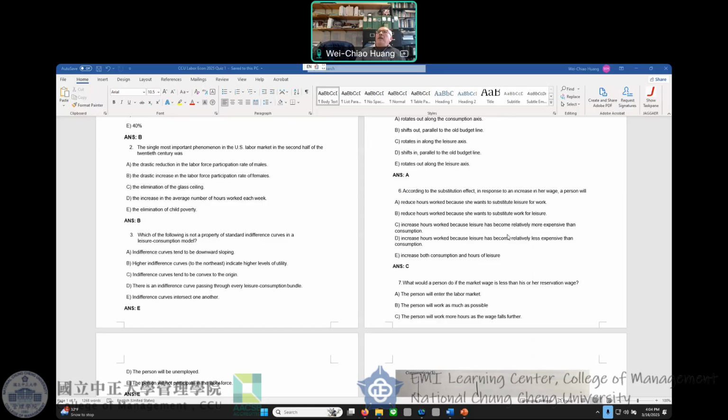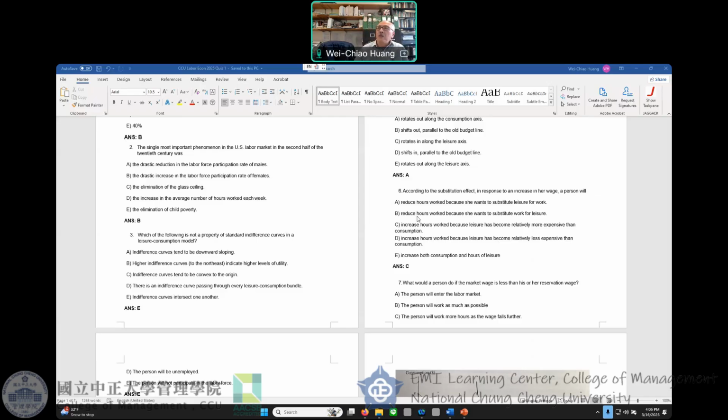Number 6, according to the substitution effect, in response to an increase in her wage, a person would do what? The answer is C, would increase hours worked because leisure has become relatively more expensive than consumption. The substitution effect says that the price of leisure is the wage.